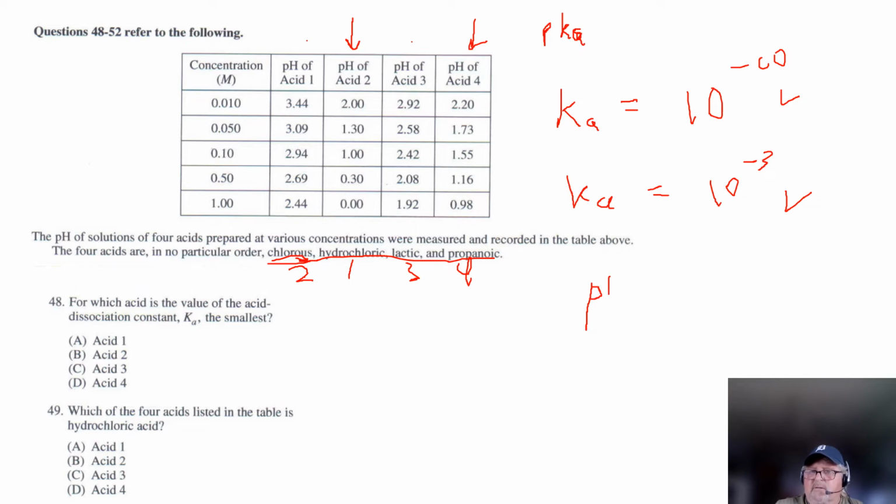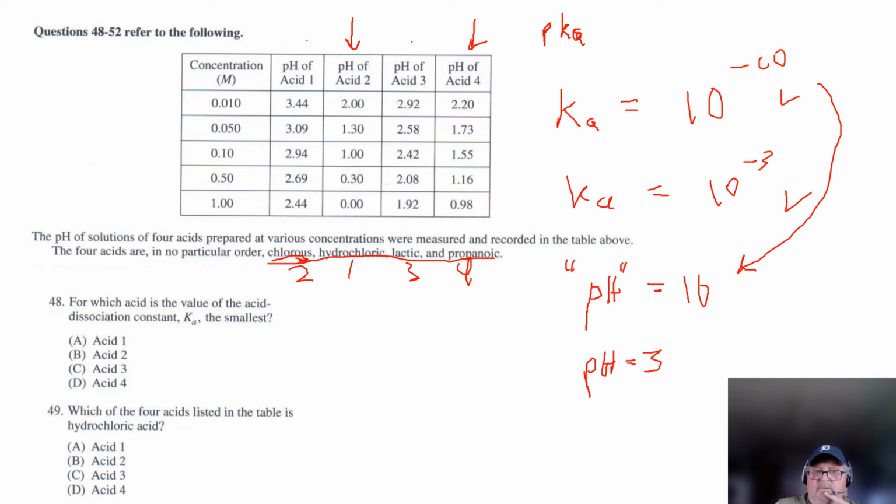So we'll put it in quotation marks. This is not going to be exact, but at least it gives us an idea. This pH is going to be 10, and the other pH is going to be 3.